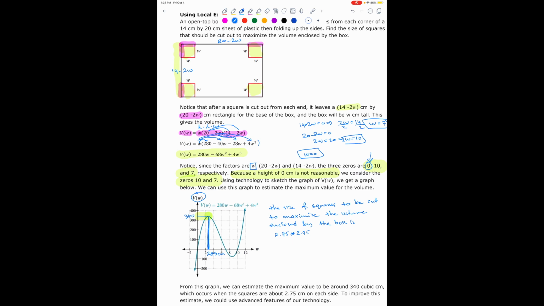That is the length of the square times itself, which is the area that needs to be cut to maximize the volume. The maximum volume obtained will be approximately 340 cubic centimeters. So that is going to be the answer.